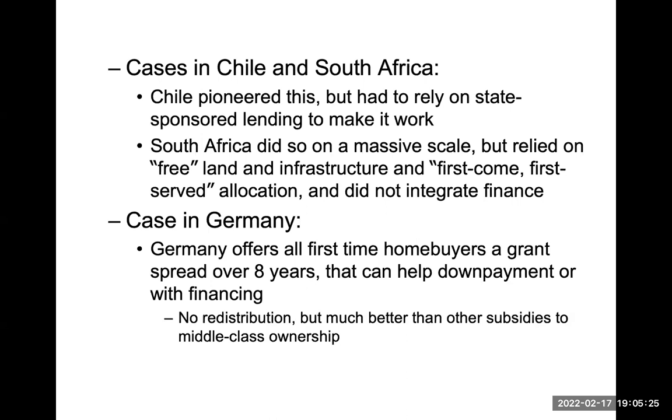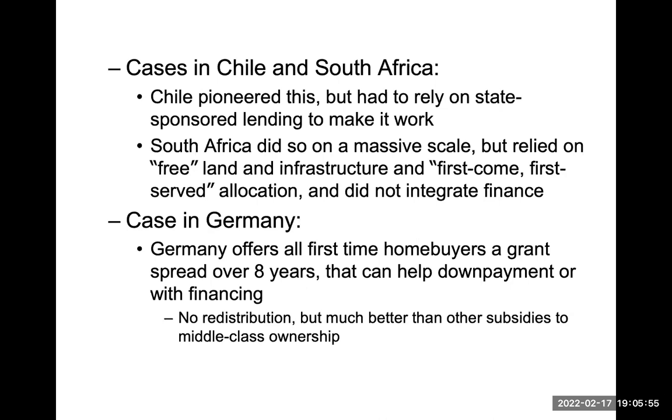If we try to use the cases in Chile and South Africa, Chile pioneered this, but had to rely on state-sponsored lending to make it work. And South Africa did so on a massive scale, but relied on free land and infrastructure and first come, first served allocation, and that did not integrate any financial markets.